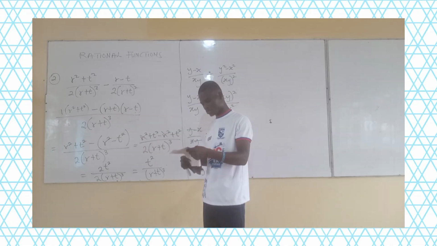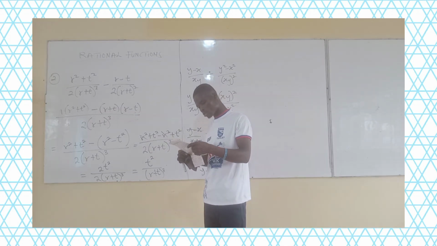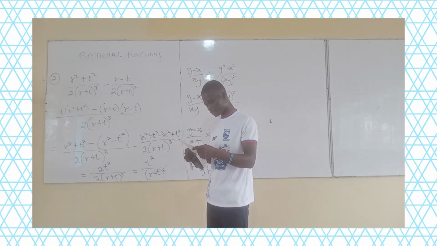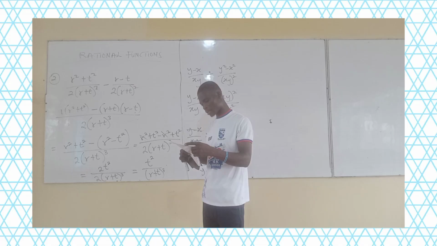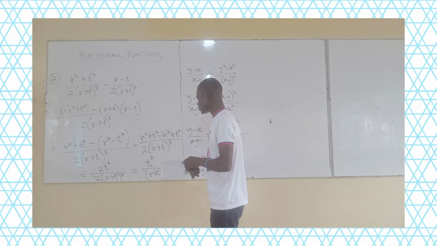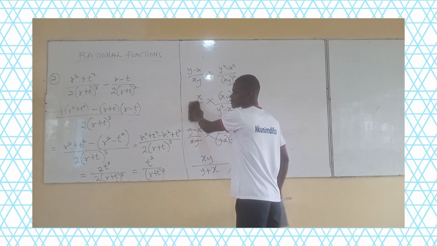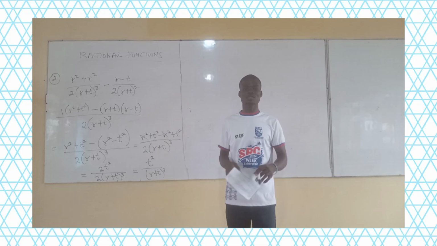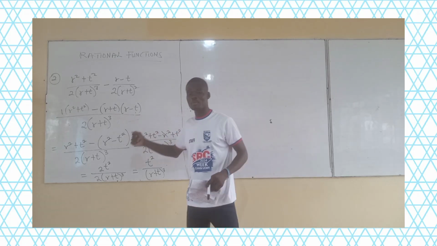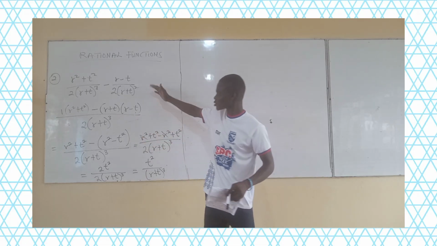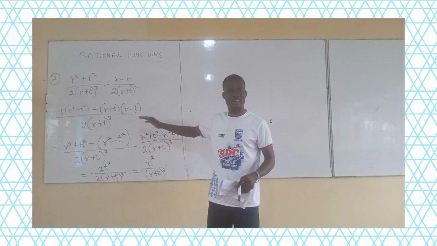So now let's move on to look at how to solve the next problem. That's problem number 3 under C. So now let's look at how to solve problem number 3. This is how to solve problem number 2, and it's very simple.